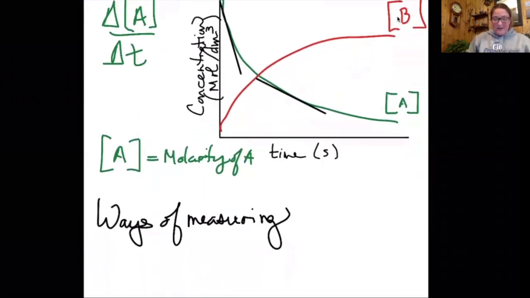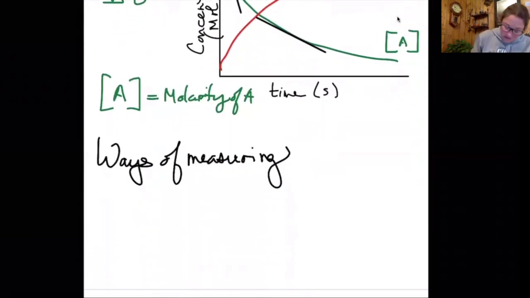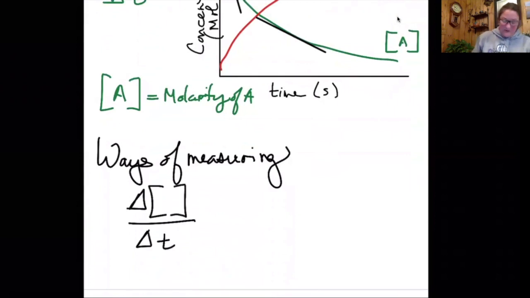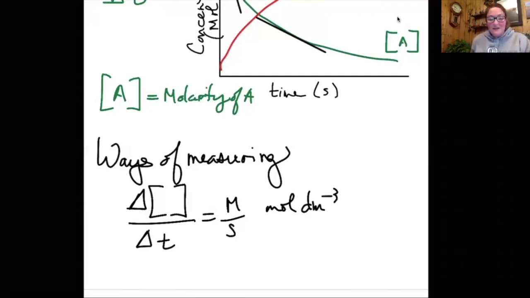But generally speaking, when we measure the rate of reaction, we're looking at the change in concentration of something per unit time, which is going to be in units of molar per second, or instead of molarity, IB likes to say moles dm^-3 per second, which is the same as mol dm^-3 s^-1, would be a way of explaining the rate of reaction.